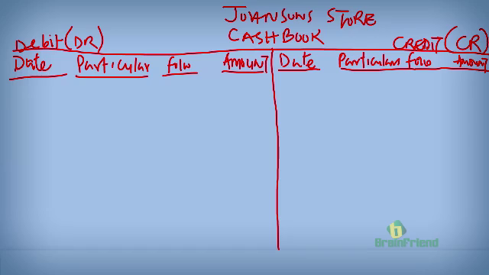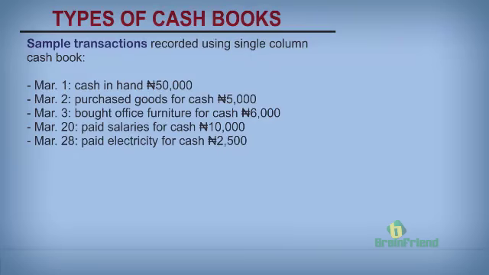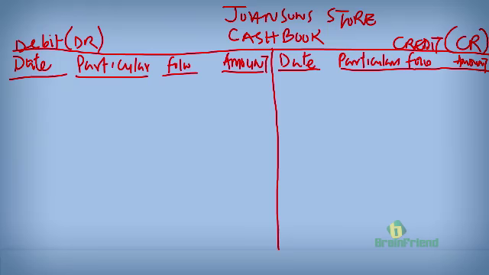By this, if we go back to the transaction on March 1, the business had cash in hand worth 50,000 naira. So we come under the date column. The first thing to do is to come to the date column and enter March 1. The business had a balance of 50,000 naira. So we say balance brought forward. And the amount is 50,000.